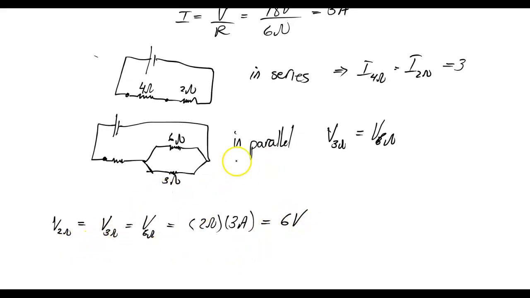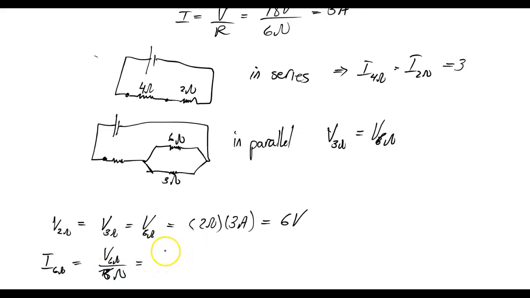And now if I want to find the current through the 6 ohm resistance, that's going to be the voltage across the 6 ohm resistor divided by 6 ohms, which is the resistance there.